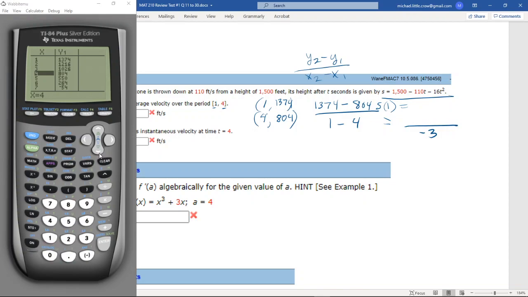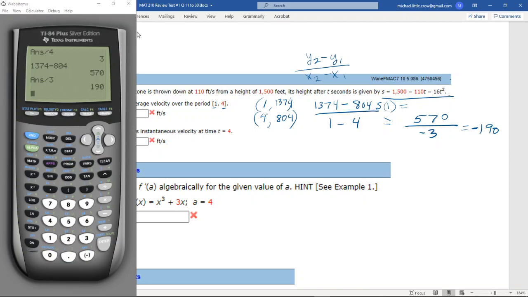In the numerator we are going to get a positive value, but a positive divided by a negative ends up being negative. 1374 minus 804 gives 570. We divide that by negative 3, we get negative 190.